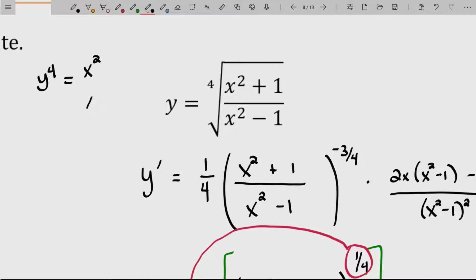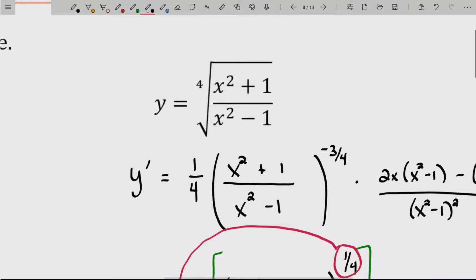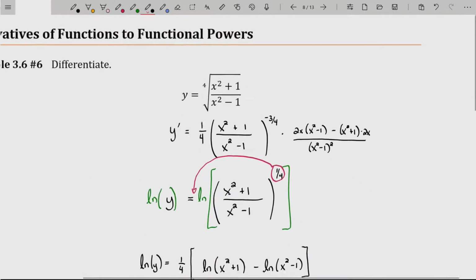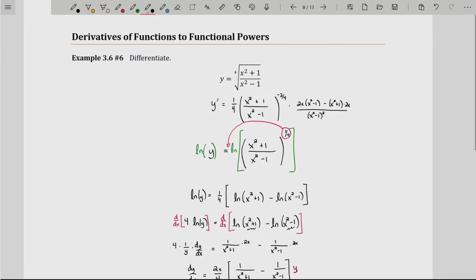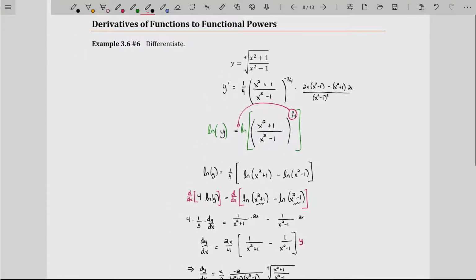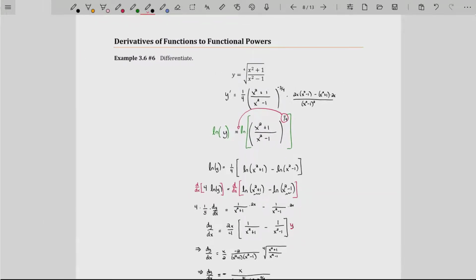So this is a really great example of using natural logs or logarithms to simplify a derivative. I know you may think that that's not simple, but it actually is. It makes very complex computations much, much easier.